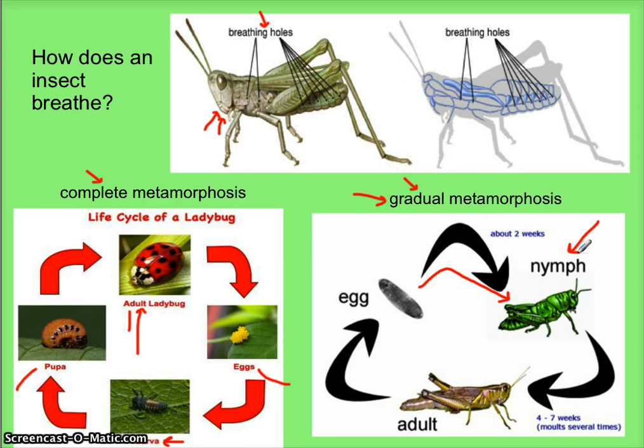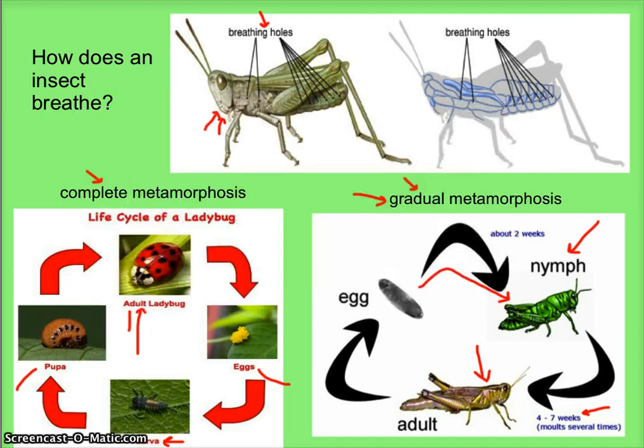It's going to have its skin shed several times, and then after, in this case, it looks like 4 to 7 weeks, if you can read that, for a grasshopper, then it becomes an adult. So it does not ever go back into a protective casing like the pupa would. So besides grasshoppers, termites, and cockroaches, and many insects do this gradual metamorphosis.